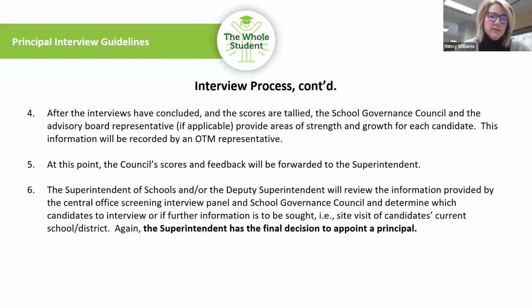Once that's determined, the invitations are sent to those candidates. The superintendent, sometimes with the deputy superintendent or the chief of schools in those interviews, will interview the finalists. And after all that, she will review all the information and then make a decision on the finalist for the position of principal for that particular school.